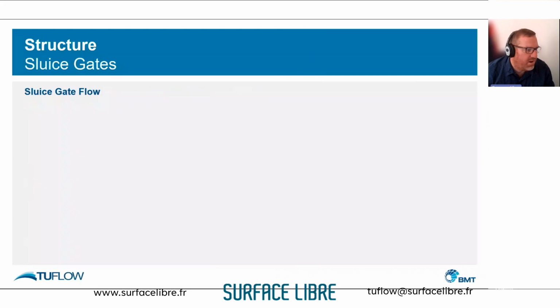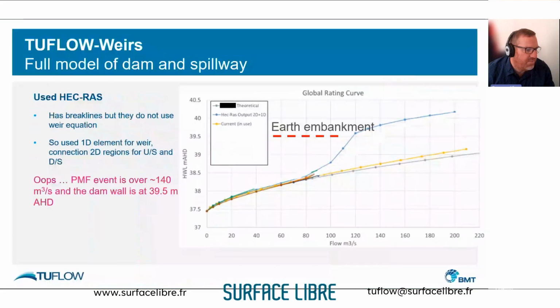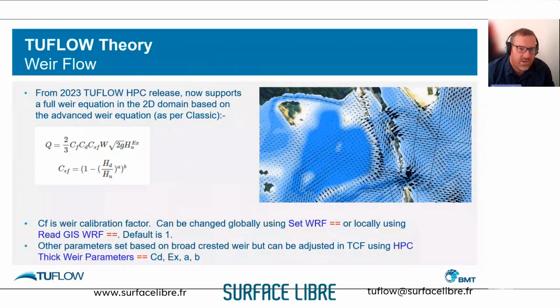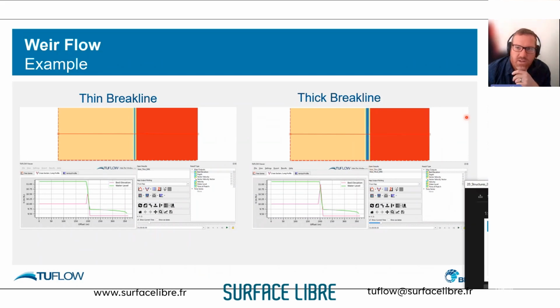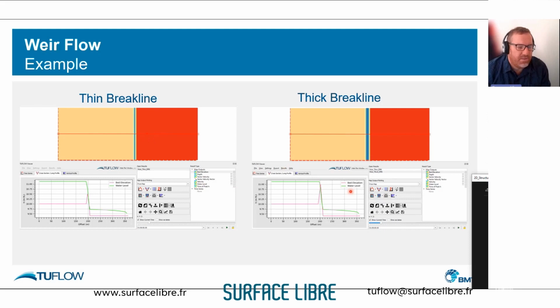So you would add a break line or 2D Z shape. That's exactly what's been done on this one here. Okay. So we've just used a thin break line in this instance, and then this is just a thick break line. Okay. So, and then that's that break line.